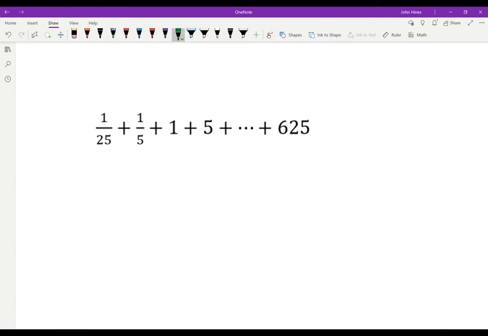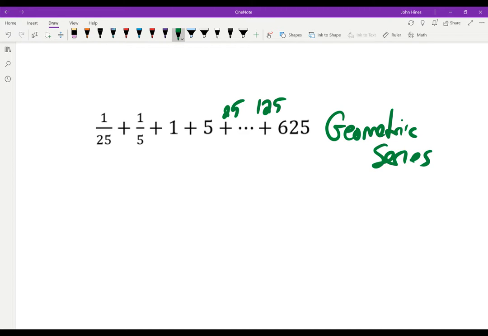1/25, 1/5, plus 1, plus 5. The pattern here, it looks like it keeps doing times 5. Times 5, and then that brings me there. So this is a geometric series. Why? Because I keep multiplying.